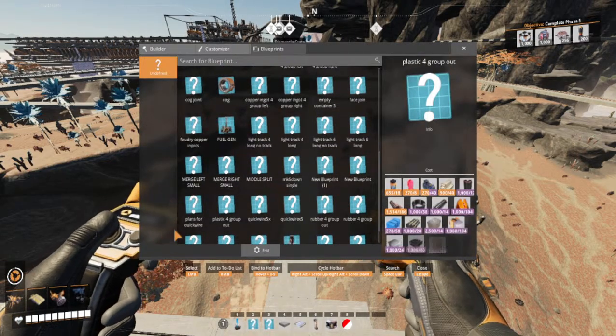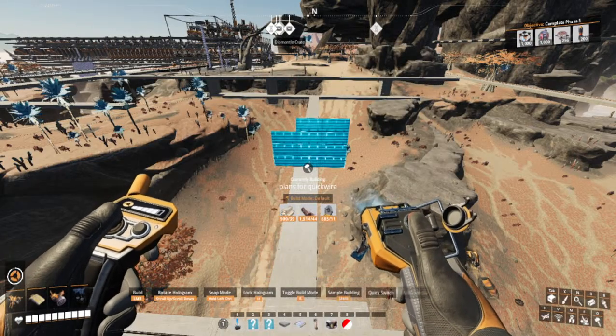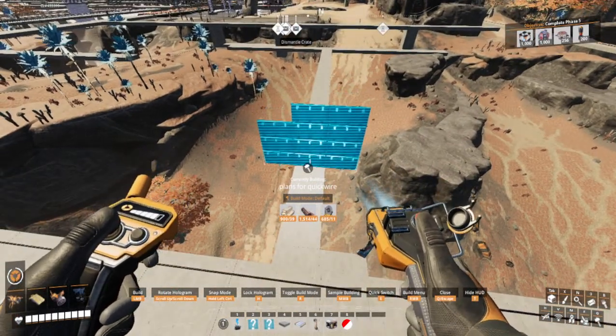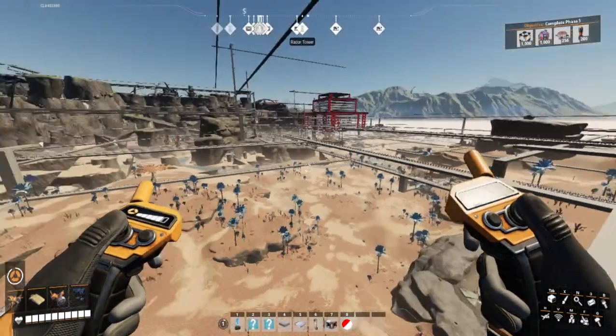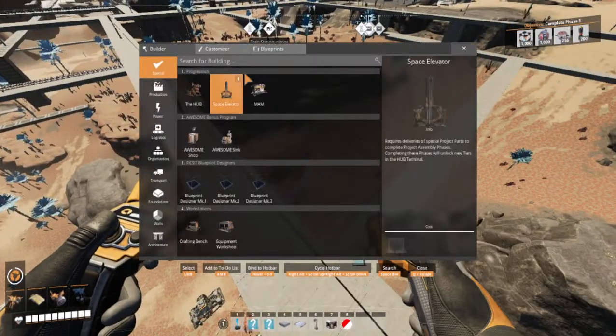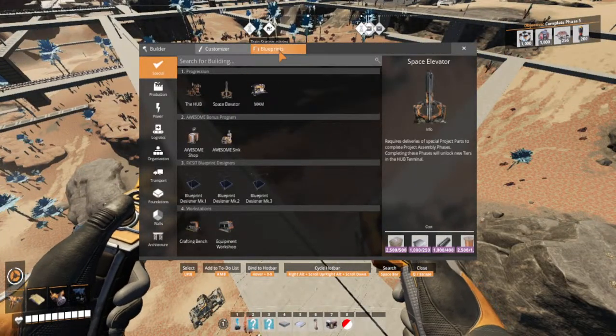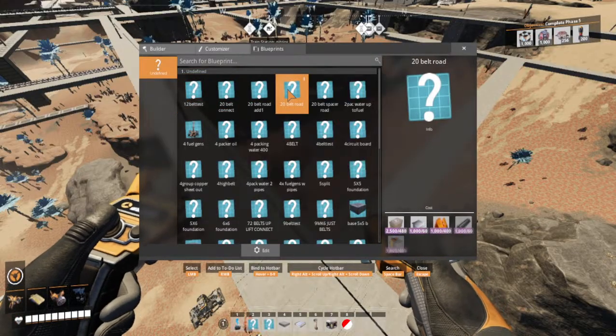Plans for quick wire. Let me see. No, what is this? I thought I had a group for quick wire. I thought I had a blueprint for quick wire. I just don't know what I named it. It's not 12 belt. It's not 20 belt.